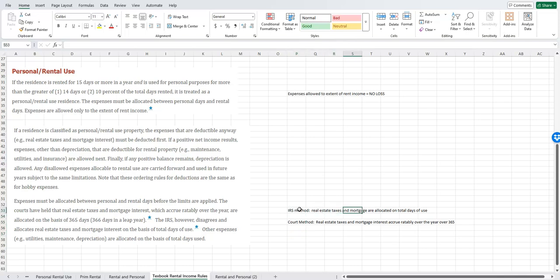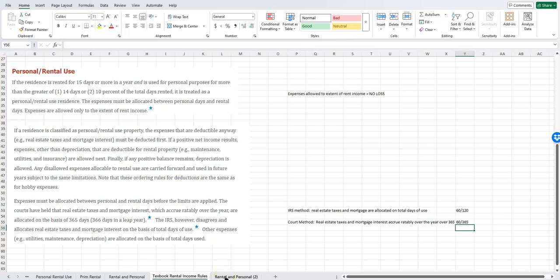If you do the IRS method, then you allocate based on the number of days. So for us, it'd be 60 over 120. But if you do it the court method, then it would be 60 over 365. And so what this problem asks us to do is do it both ways and see which one's more favorable. We'll do that and see how it comes out.